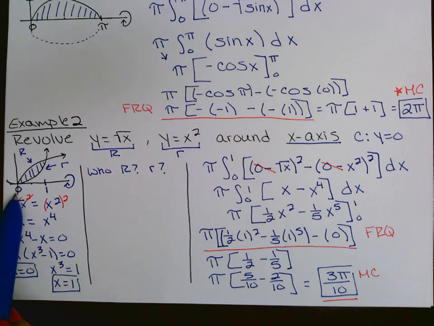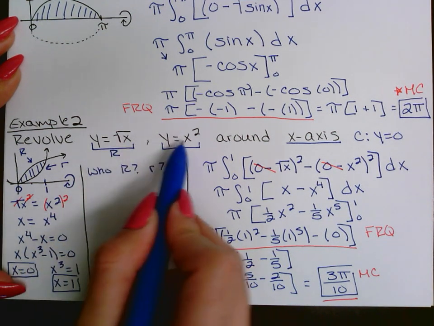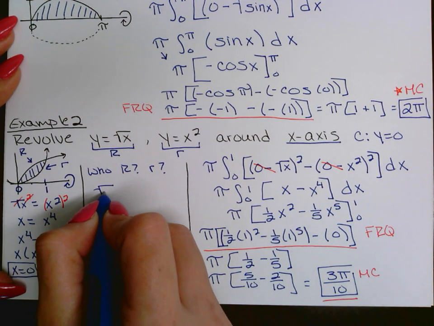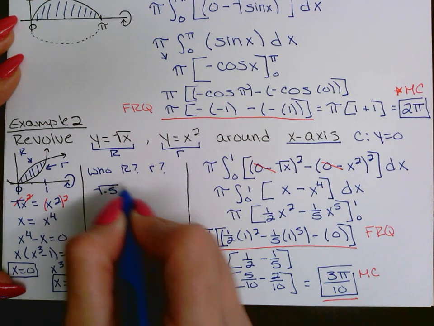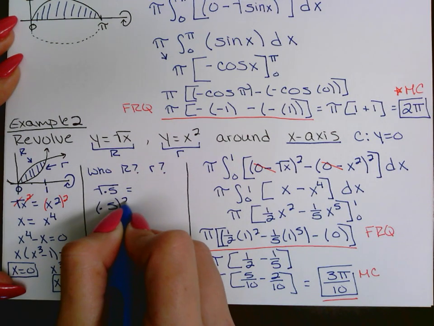So I want to pick a number to test in between 0 and 1. What's an easy number between 0 and 1? 0.5, right? So I'm going to check what 0.5 plugged into each of the functions gives me. So square root of 0.5 and 0.5 squared.